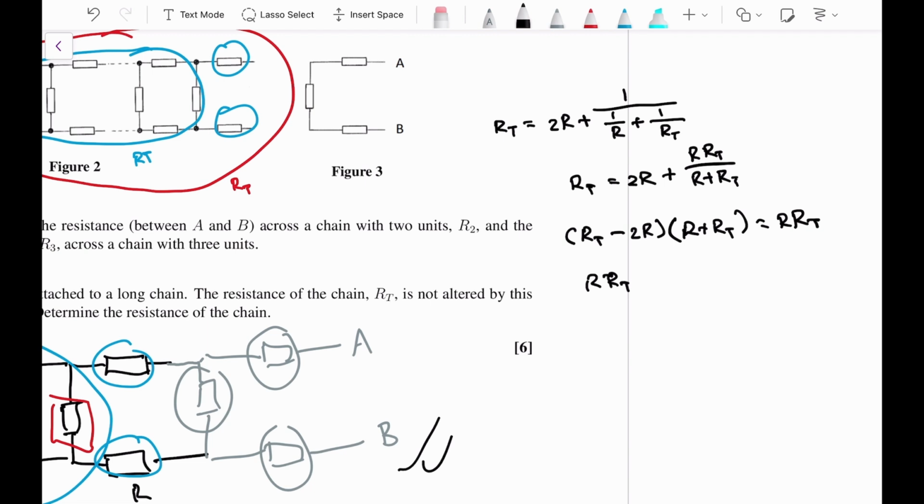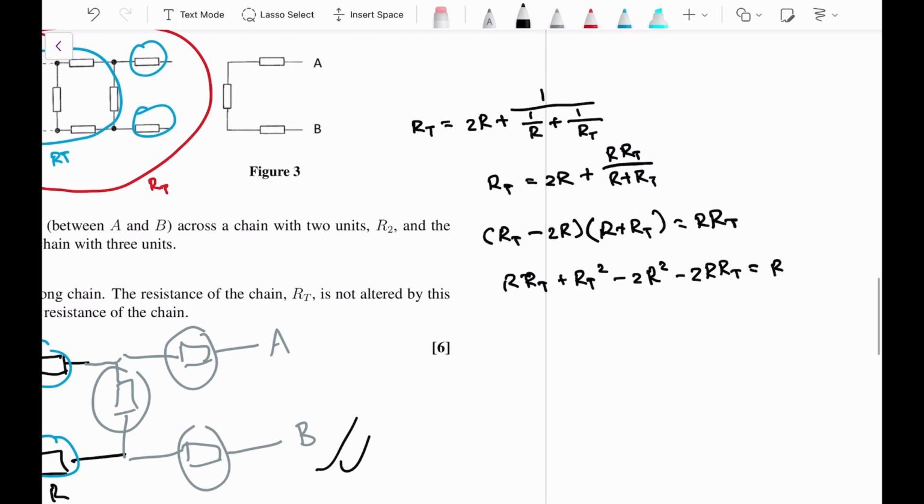So RT plus RT squared minus 2R squared minus 2R RT. And this cancels out.